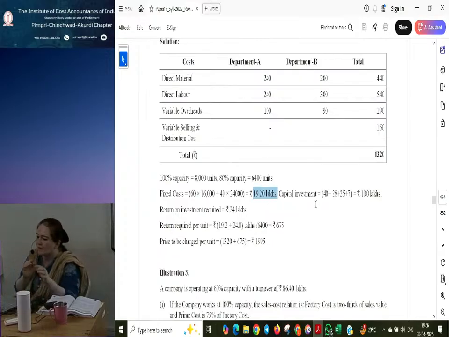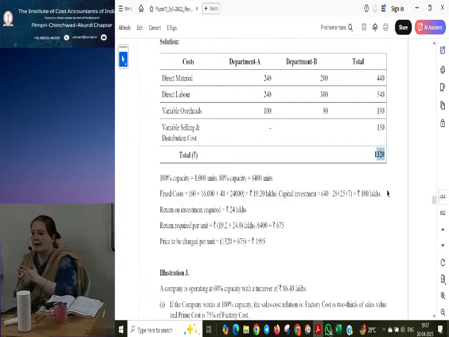While we look at the cost of sales, it has variable cost and fixed cost. This is the total cost per unit. Here we have variable cost at per unit level, which is 1,320.